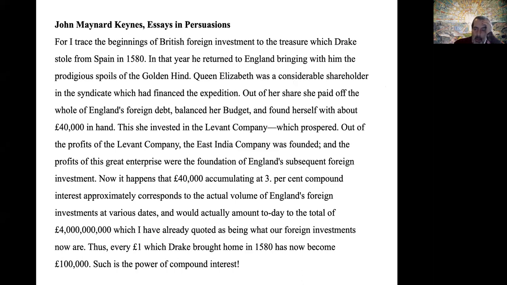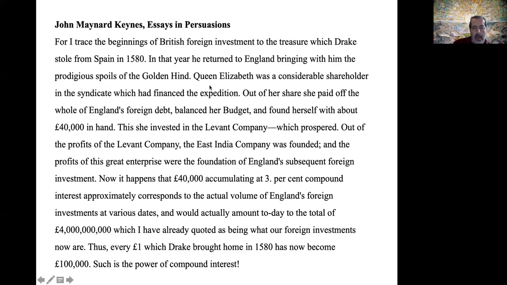And Drake was the commander of the British Navy at that time. They had beaten the Spanish Armada. So basically in 1580, in that year, he returned to England, bringing with him the spoils of the Golden Hind.